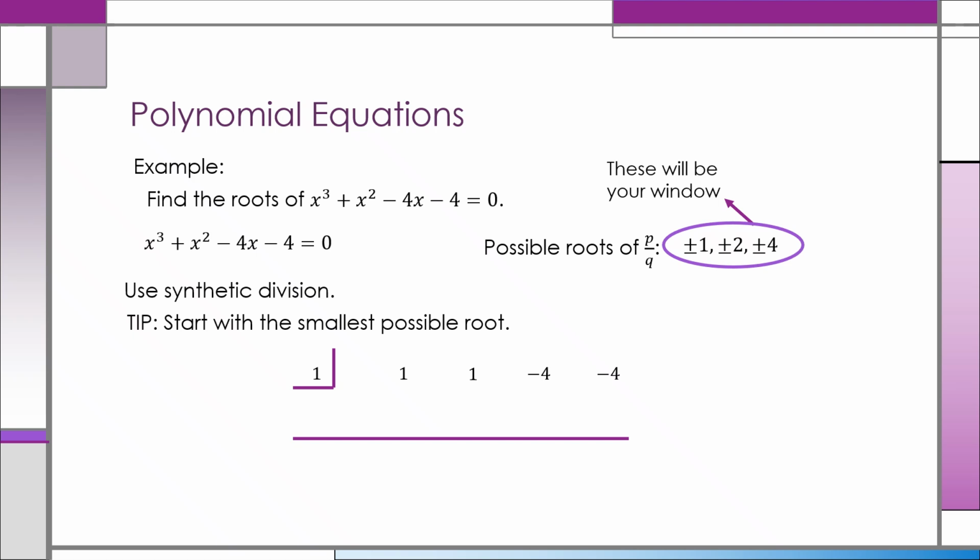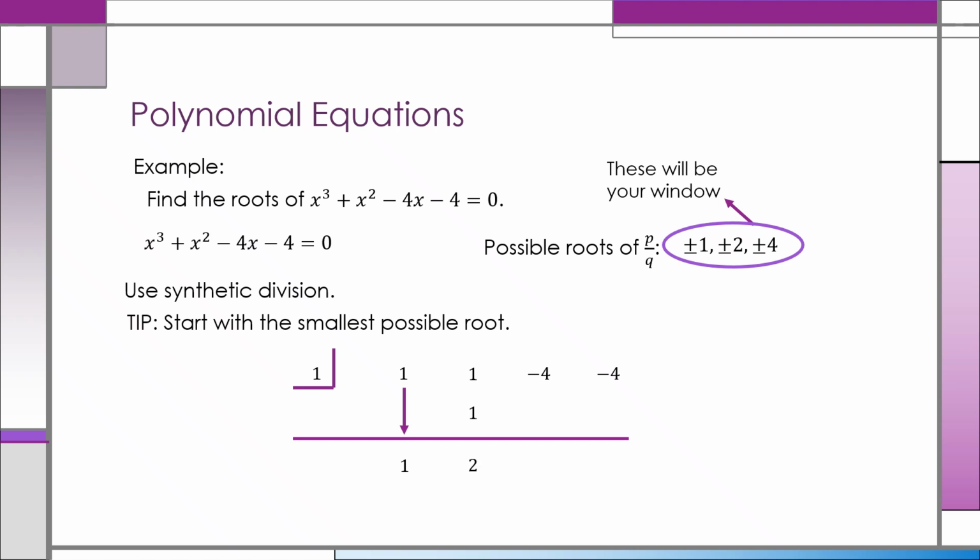Let's have the process of synthetic division. So bring down 1, then multiply the first number by the window. 1 times 1 is 1. Where should you put 1? Below the second one on the first row, which is this one. Then 1 plus 1, 2.